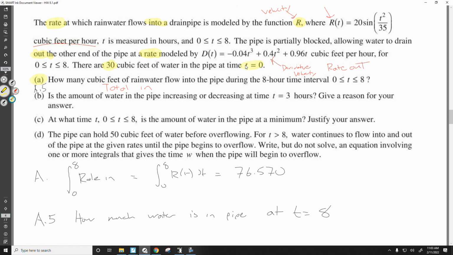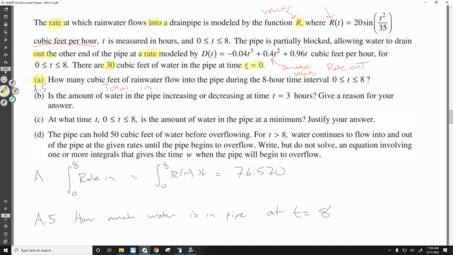All right, talk to your neighbors about how we would be able to find how much water is in the pipe at a moment. What are the three factors that are in play here? Go ahead and discuss. There's the initial amount of water.